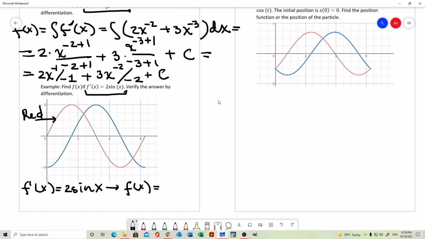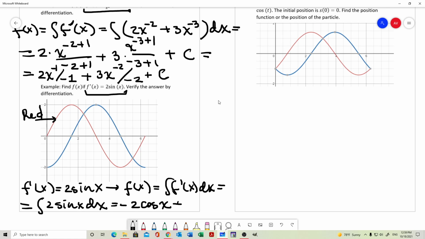Function f of x, antiderivative, or integral of 2 sine x dx. That will give us minus 2 cosine x plus some constant C. Blue curve is your antiderivative. And we can confirm the result by verifying.